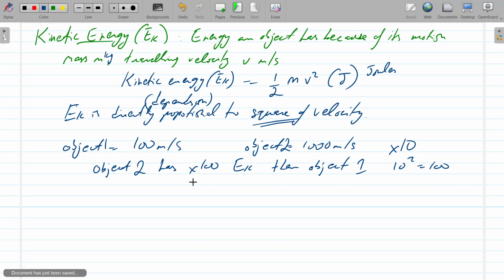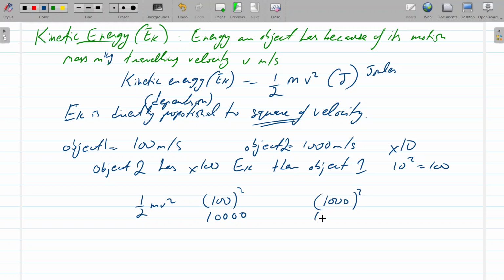So if we were to calculate, assuming the mass of these two is the same, for the sake of simplicity, let's say it's 1 kilogram. We do the half, and what we're getting is 100 squared, which is 10,000, and 1000 squared, which is a million.